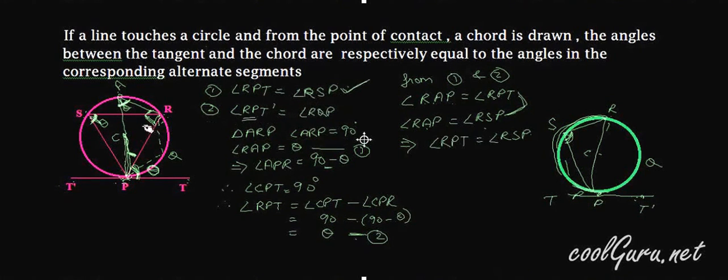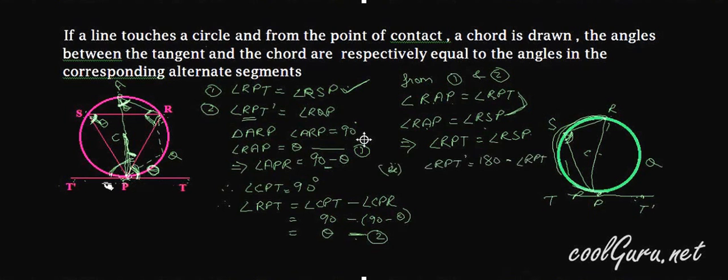Now what about this angle RPT dash? This angle RPT dash, for second part, angle RPT dash will be 180 minus RPT, because they form a linear pair.